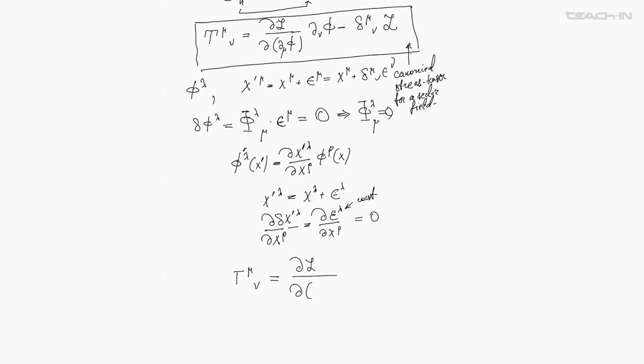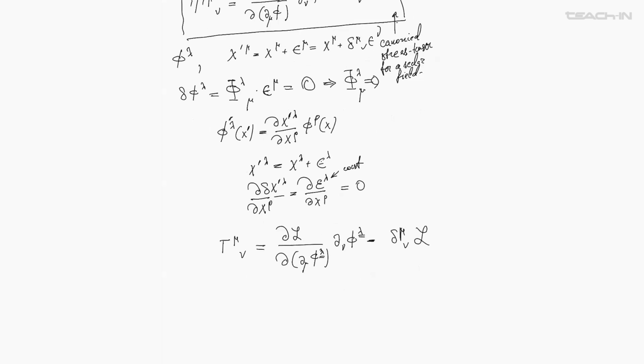So you have an index lambda, and here you take the derivative nu of this vector phi lambda, and you sum over this component lambda, minus delta mu nu multiplied by the Lagrangian. This is how the stress energy tensor will look for a vector field.